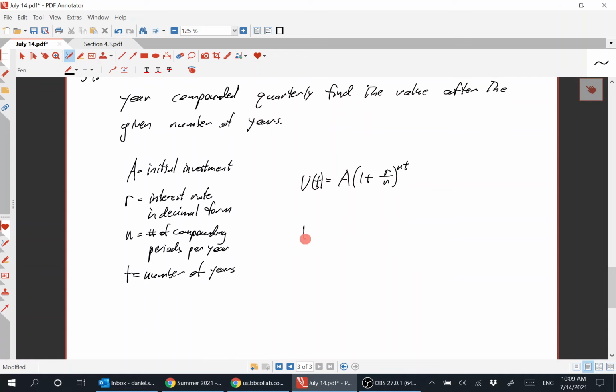So the value after 1 year, well, in this case, so in our problem, V of t is equal to 500 times 1 plus 0.0375 over 4, to the 4t. So let's get an actual number for that there.